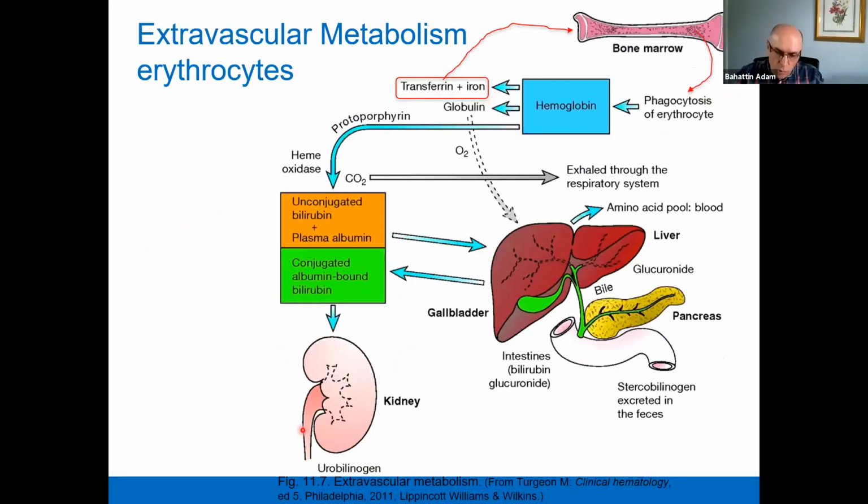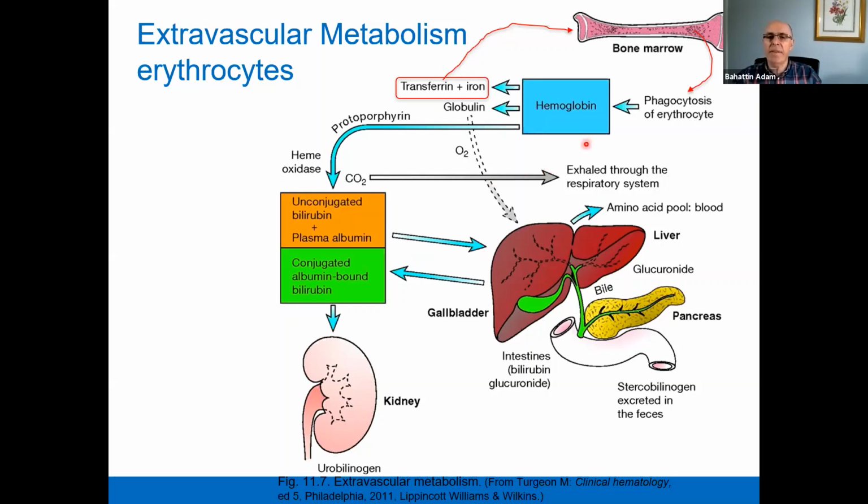What happens when the erythrocytes wear out after 120 days? As I said, the reticuloendothelial system, such as lymph nodes and spleen, where there are leukocytes, macrophages, phagocytose these older erythrocytes and break them down into their components.